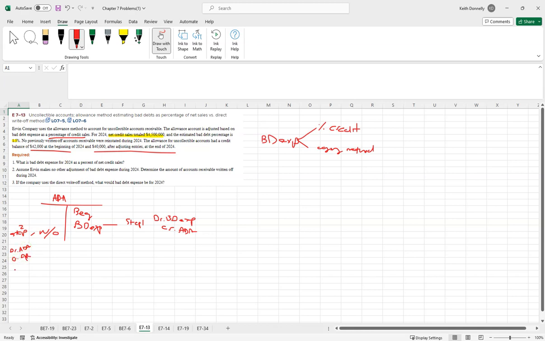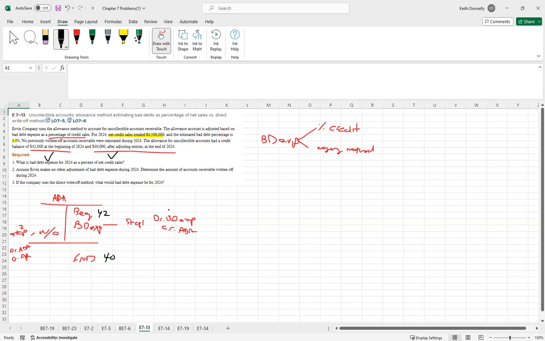That's the write-off, because you're writing off or getting rid of that account receivable. That's going to get you your ending allowance for doubtful accounts, assuming everything ends on a credit balance. So they're telling us here we had 42,000 at the beginning of the year. Check. We had 40,000 at the end of the year. Check.